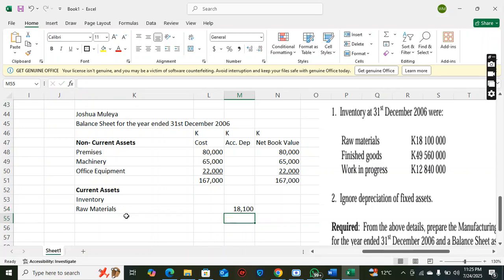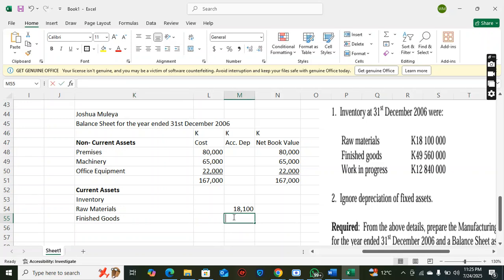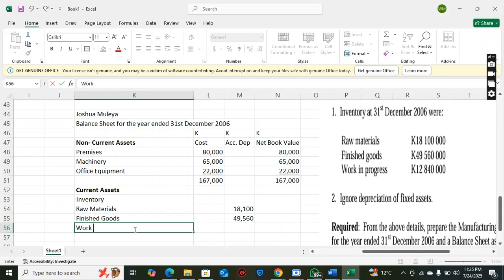Finished goods, 49,560. Work in progress. Okay, these are the closing values for these things.